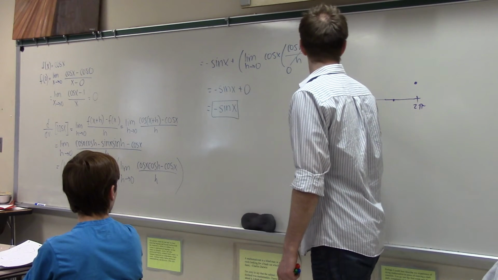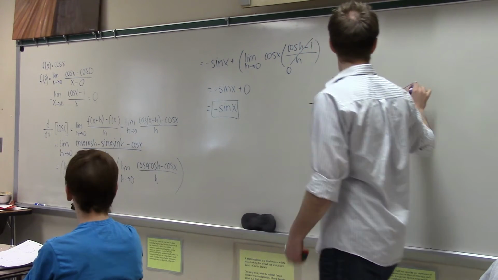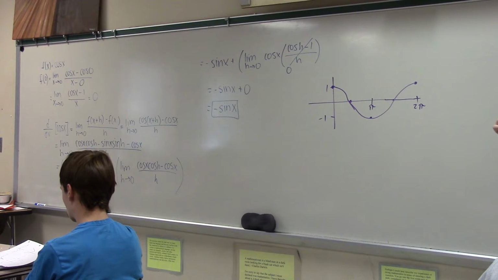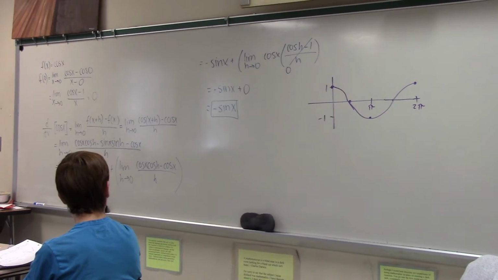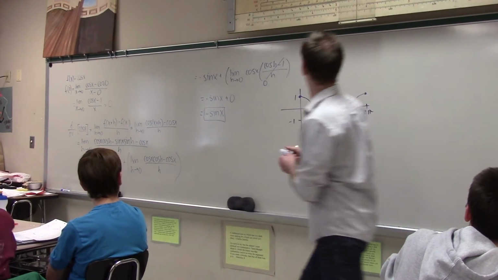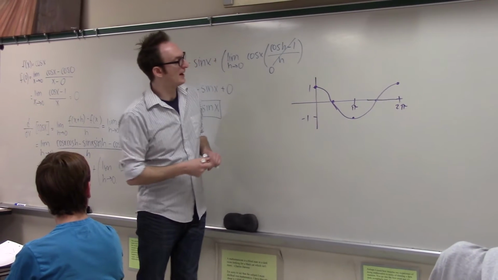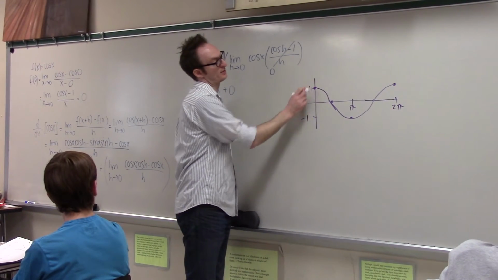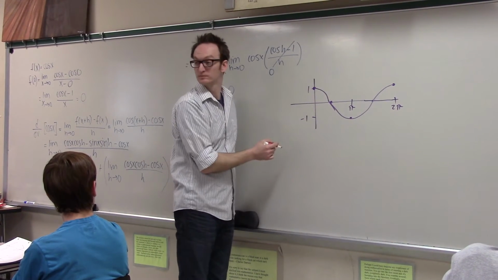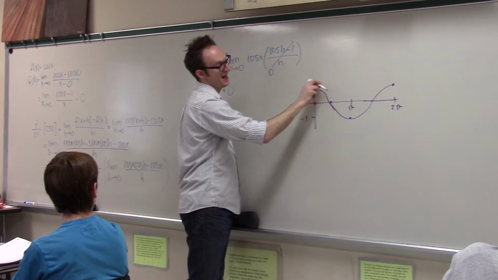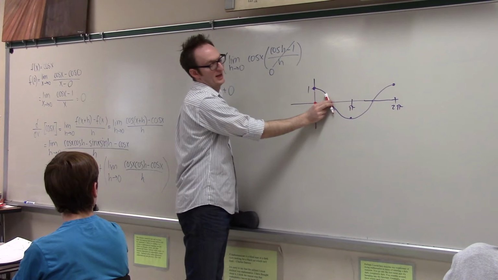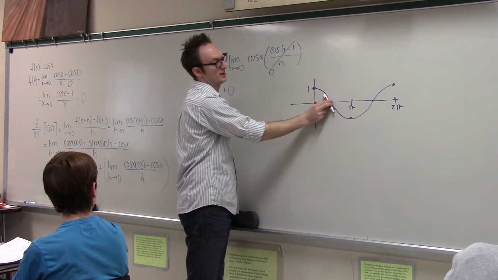So if we want to try to sketch the derivative of cosine, I think it's always a good idea to try to sketch the derivative of a function before trying to do the algebra. So what should this derivative be? Well, at 0, what's the derivative of cosine? 0, because the tangent line is flat. At pi over 2, what should the derivative of cosine be?